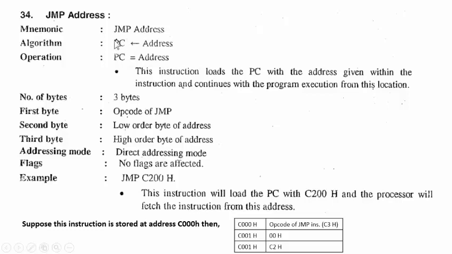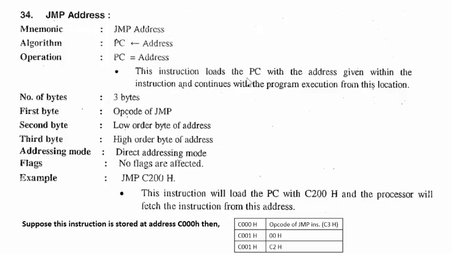As I said, the program counter plays an important role in executing the instructions available in the memory. So after the execution of this jump instruction, the address available with the instruction gets copied in the program counter, and then the processor will start the execution from the new address given in the instruction.